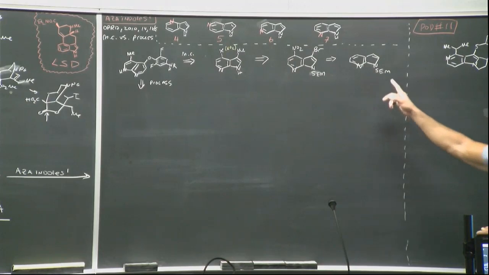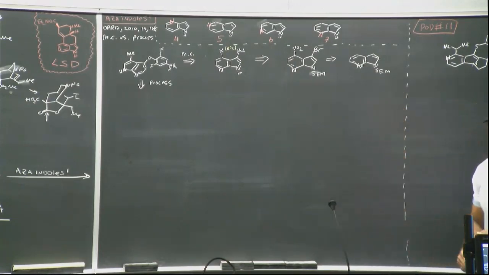So now all we have to do is fashion that, which we already learned how to do. Now the process people look at this and say, that's pretty bad. We're definitely not going to be able to use this because we don't want to do Negishi at the very end.